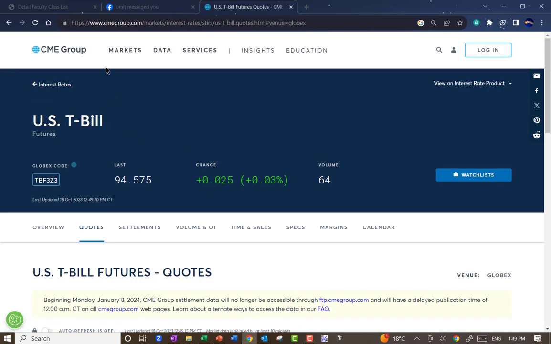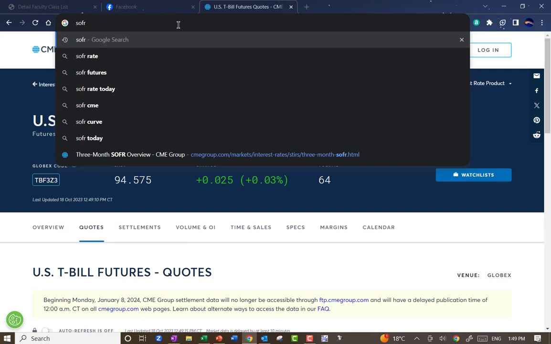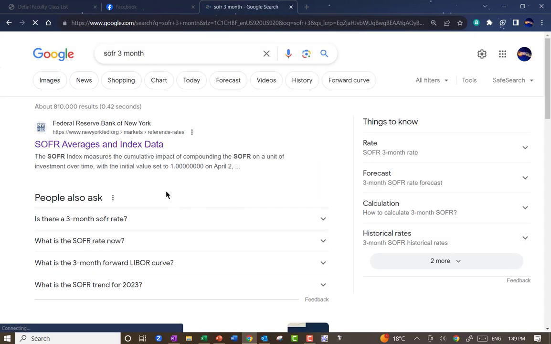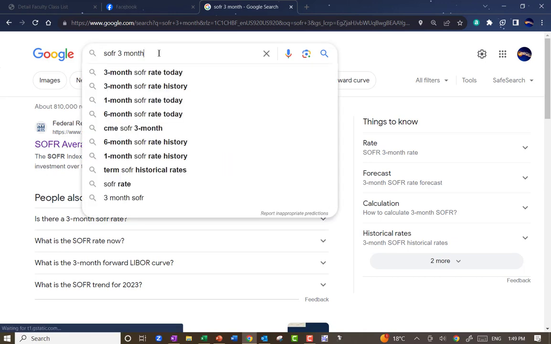There is an active contract, but it's somewhat difficult to use, the secured overnight financing rate futures.